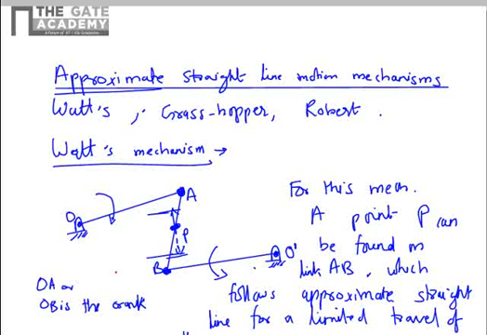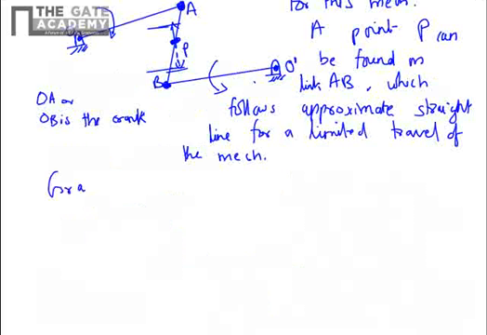It's a generic mechanism, and the use of these properties can be made in analysis of other mechanisms. So an examination question can come like, Watt mechanism is which kind of straight line motion mechanism? You can tell that it's an approximate straight line motion mechanism. Now we will go to the Grasshopper mechanism.